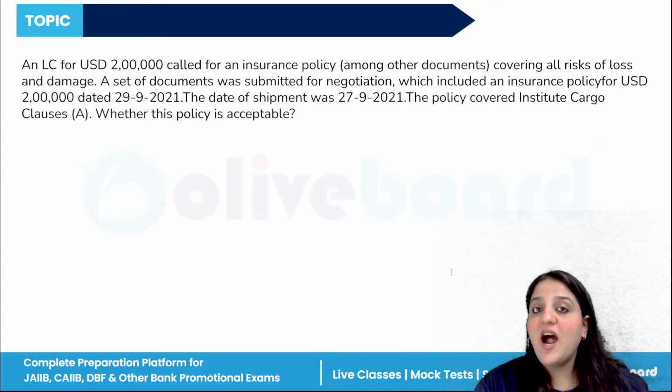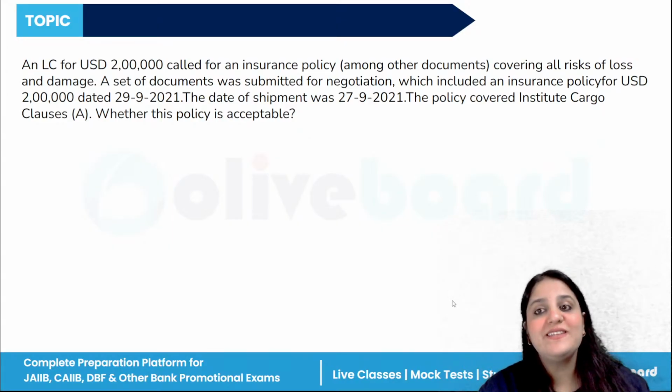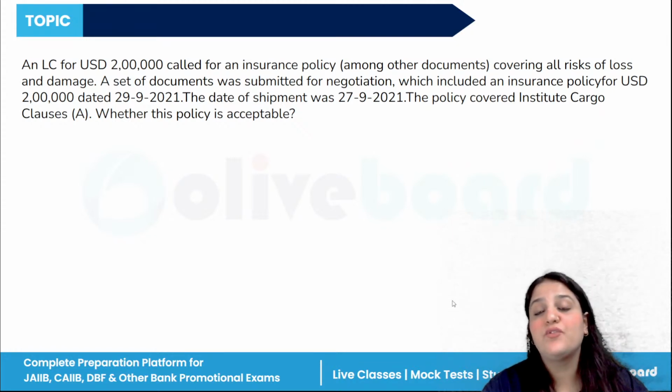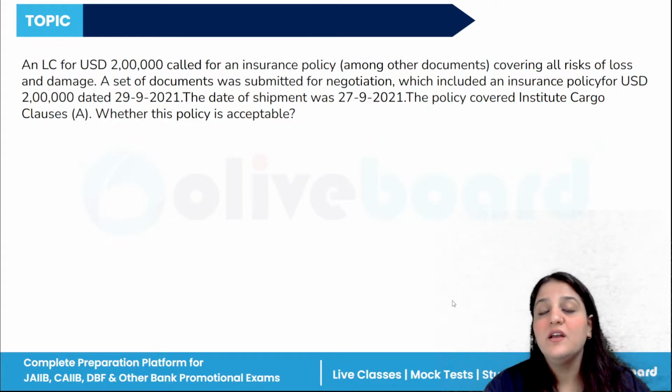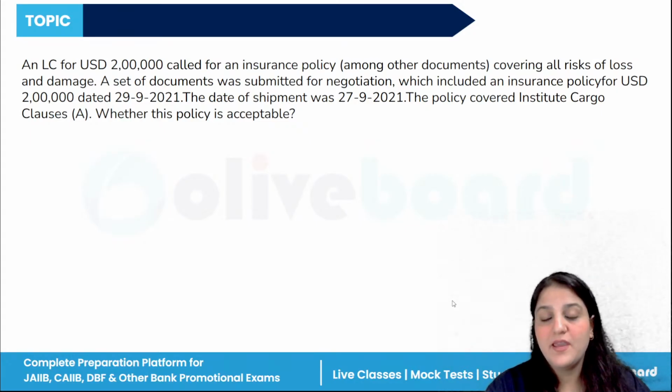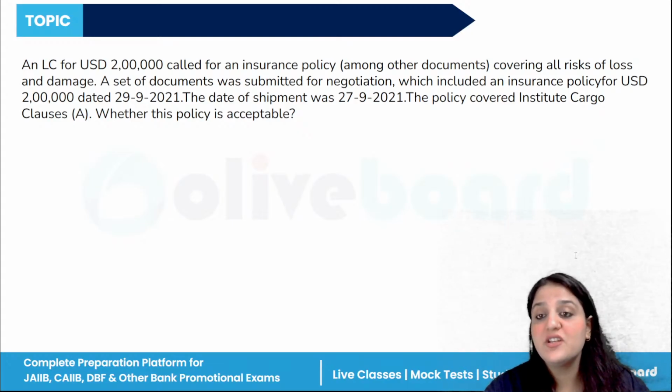UCP 600 Article 28 says an insurance document must be dated on or before the date of shipment, unless it appears from the document that the cover is effective from a date not later than the date of shipment. The insurance policy is dated 29th of September 2021, but the shipment date is 27th of September 2021. So there is no indication that the insurance was retroactively effective.